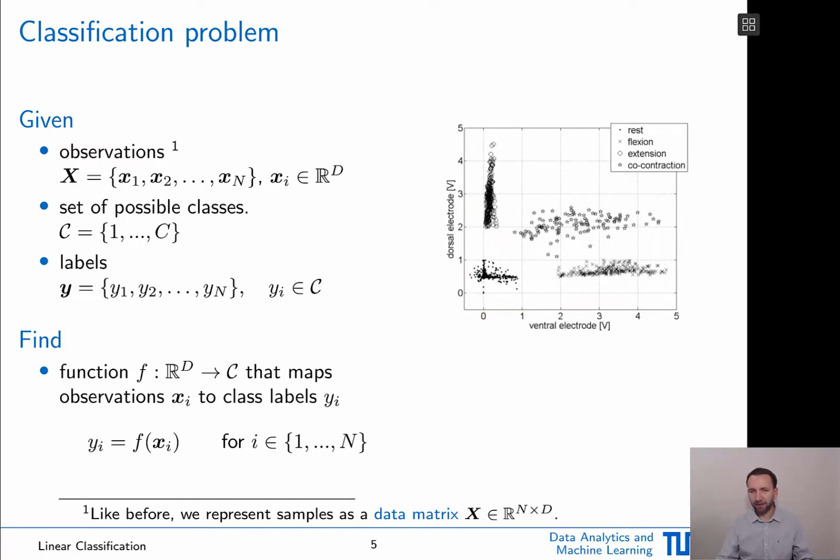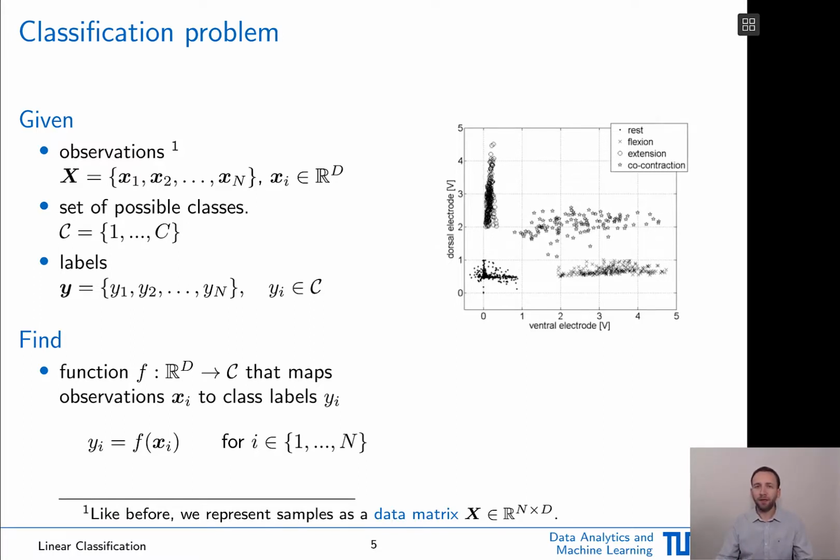Here you see an example. We are measuring electrodes in a specific muscle, right? We have different features here, the ventral electrode and the dorsal electrode. And then we can measure different states, different classes the muscle is in, like the rest state, the co-contraction phase, the flexion phase, and the extension phase, for example, based on what the electrodes measure, okay?